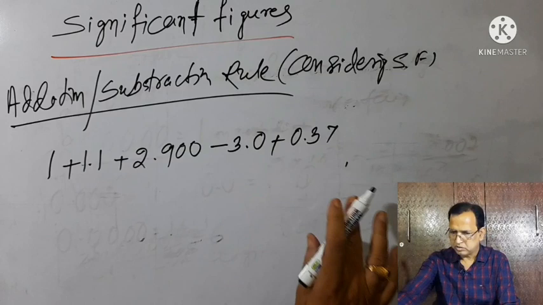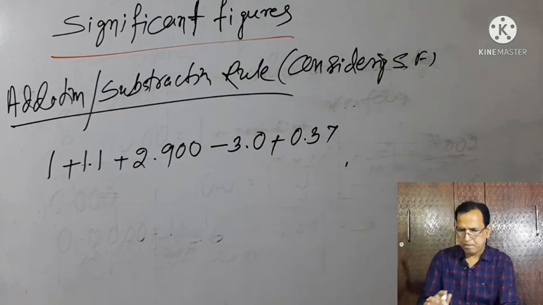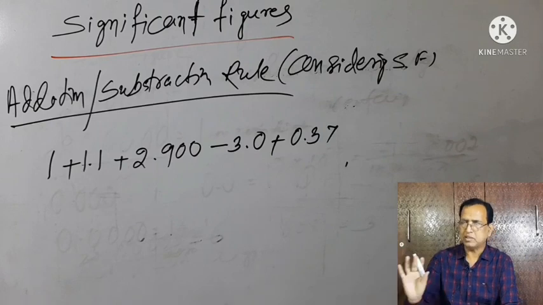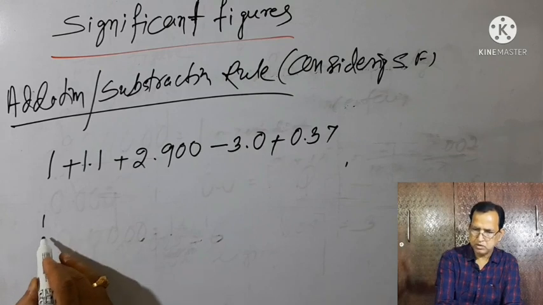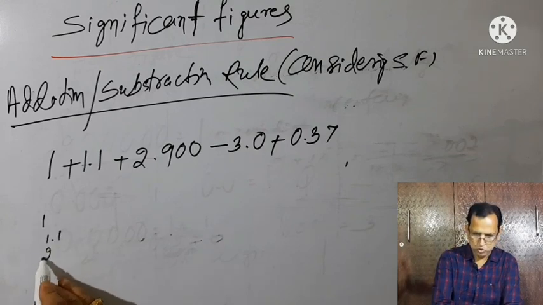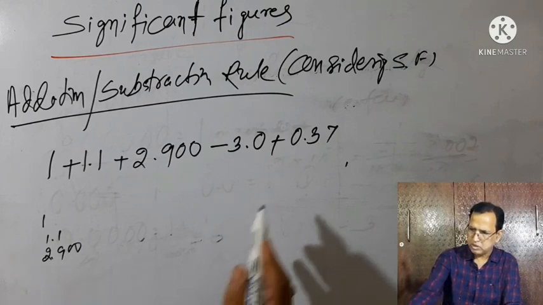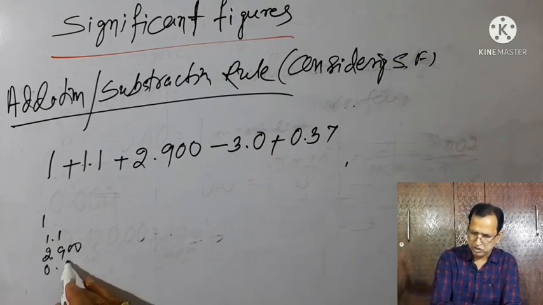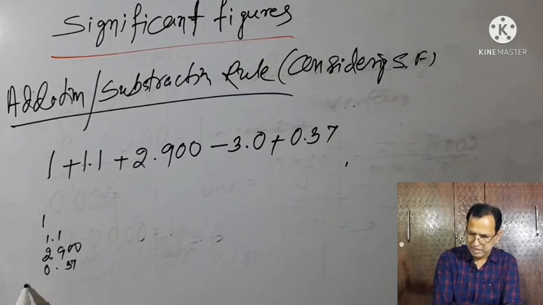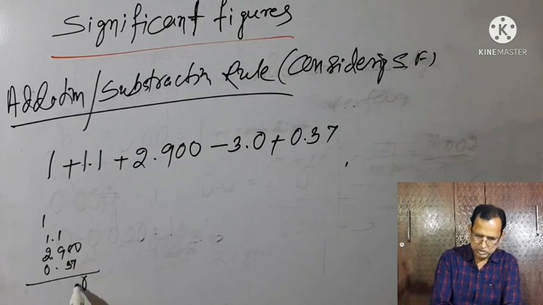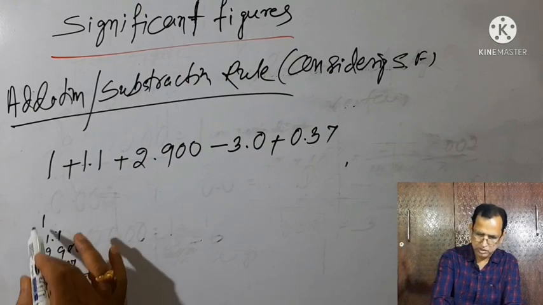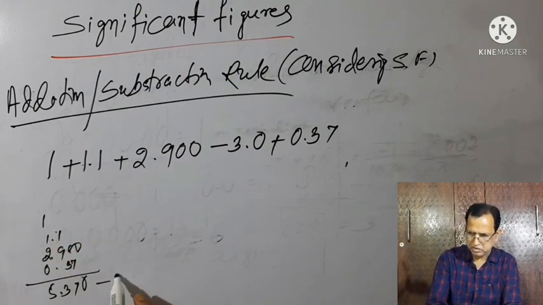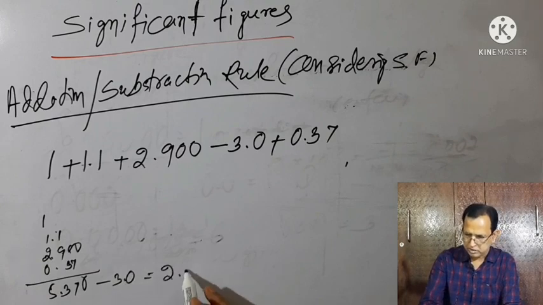For this case, first we compute normally: 1 plus 1.1 plus 2.900 plus 0.37 minus 3.0, that is 2.37.